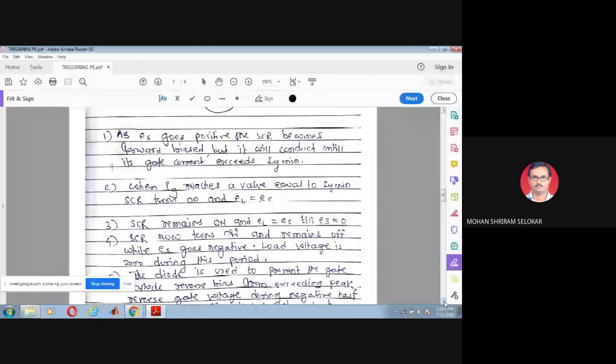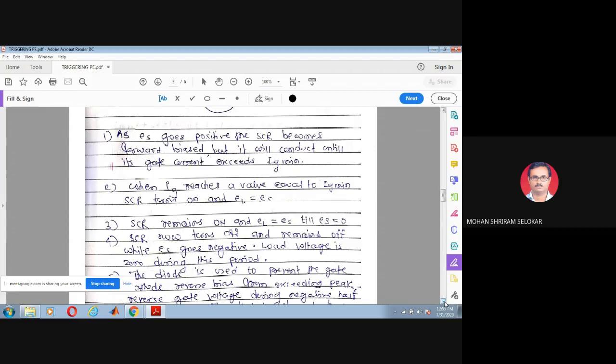Is that right? The same signal is used to trigger my SCR, right? You can see the same signal is applied between the gate and the cathode of the SCR. Understand? So here, when IG reaches a value equal to IG min, what will happen?